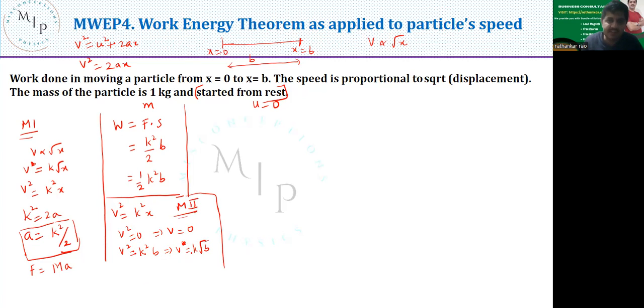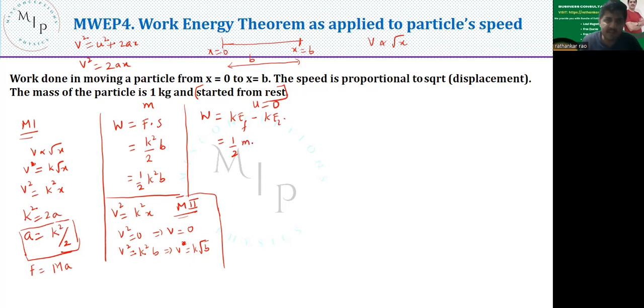Now what does the work energy theorem state? Work energy theorem states the work done by the particle should be equal to kinetic energy final minus kinetic energy initial. So it tells you the difference in kinetic energy. What is the kinetic energy final? Half m v square at this point, because this is the final point. What is v square?